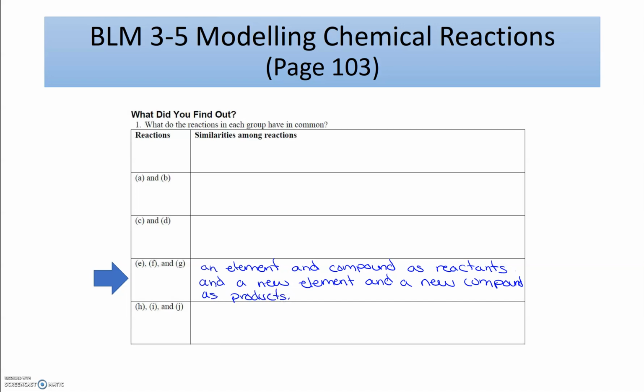And this is what we call a single replacement reaction. An element, the single, is replacing one of those ions in the compound. Sometimes it's referred to as swapping of partners. We've got a couple, here's our compound, and one member of that couple is like, hey, you know what?